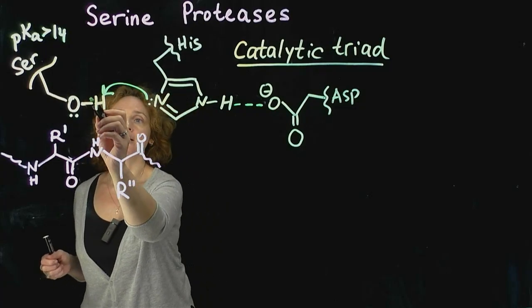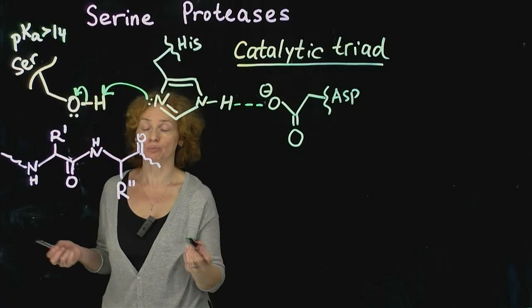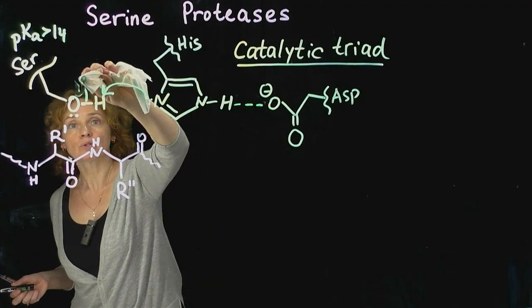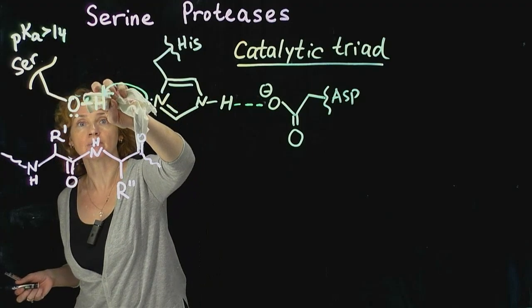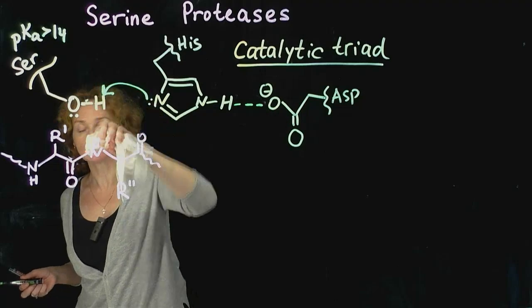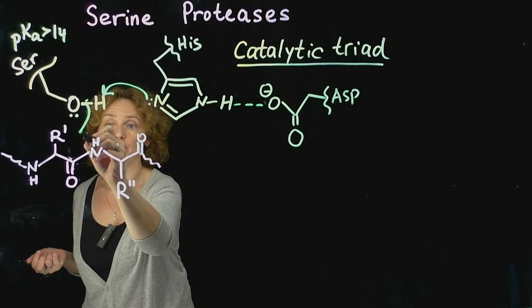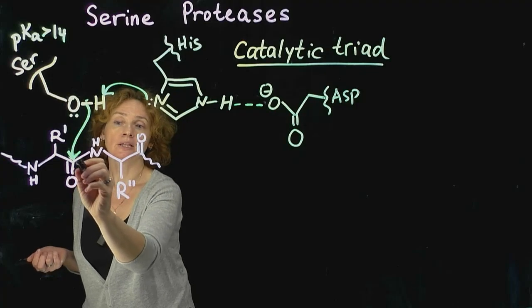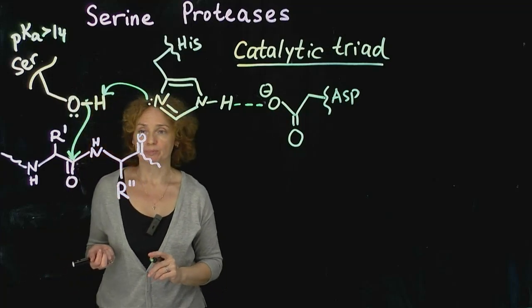And so the electrons are assigned to oxygen, making it negatively charged, right? But because everything is so close to each other in the active site of the enzyme, when the substrate is already present, those electrons can simply be used to form a covalent bond between this oxygen atom and the electrophilic center in the substrate, which is the carbonyl group of the peptide bond.